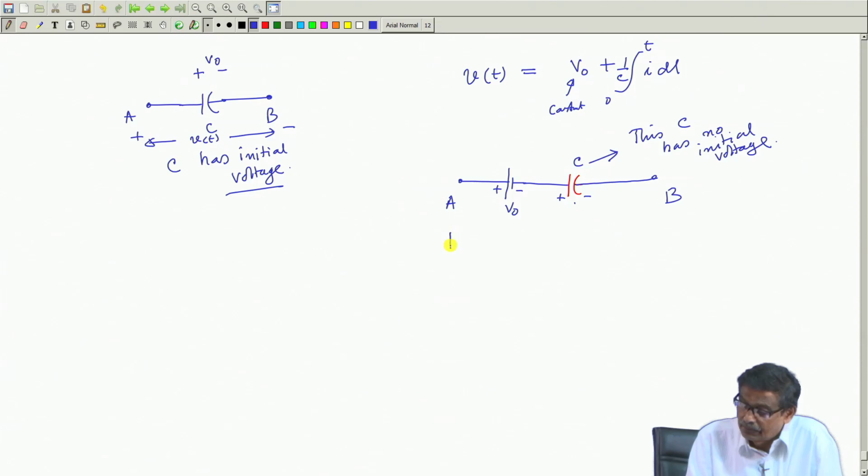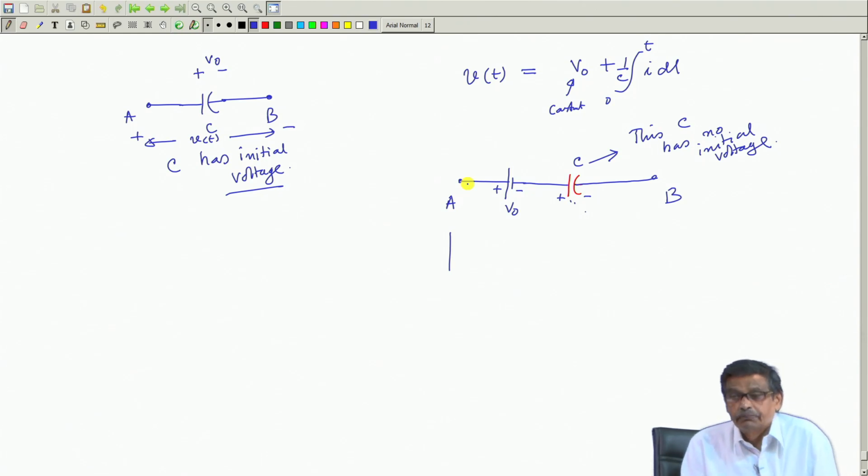So, while calculating the voltage across the capacitor, you solve for this voltage. Then do not forget to add this V naught to get the actual capacitor voltage. So, our thought process told me that a charged capacitor can be thought of as an uncharged capacitor in series with a battery.